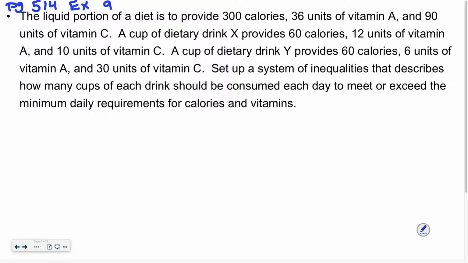Talk to each other about what our variables are. What are the unknowns? All right, part 3.